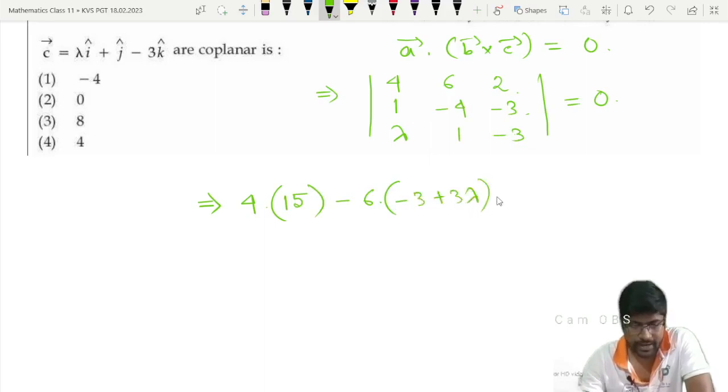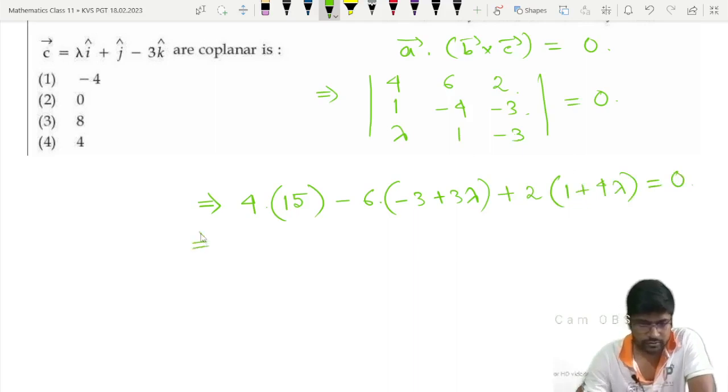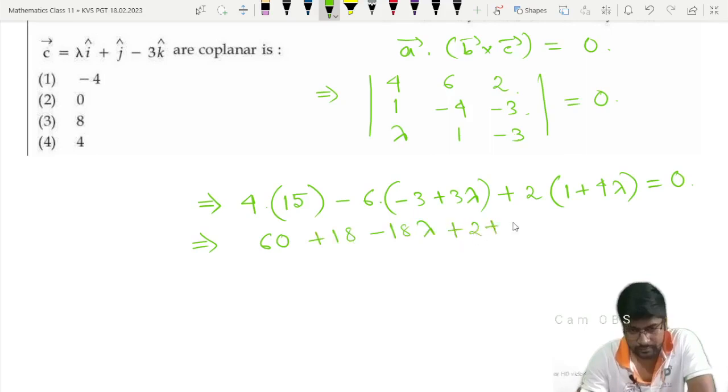If I am making any mistake, you should inform me. Plus 2 into 1 plus 4 lambda, that is equal to 0. So this will give us 4 into 15 means 60, plus 18 minus 18 lambda, plus 2 plus 8 lambda, that is equal to 0.